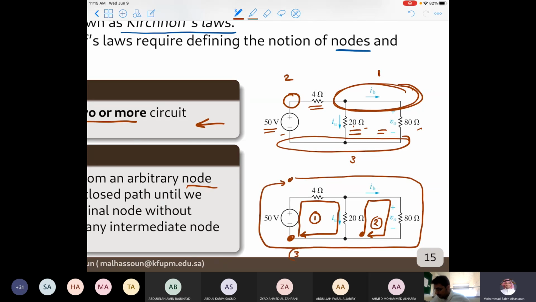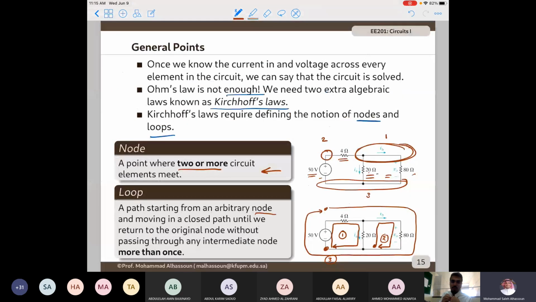This is the third loop. Remember, for a loop I start from one node, go back in a closed path, and I don't pass through any intermediate node more than once.